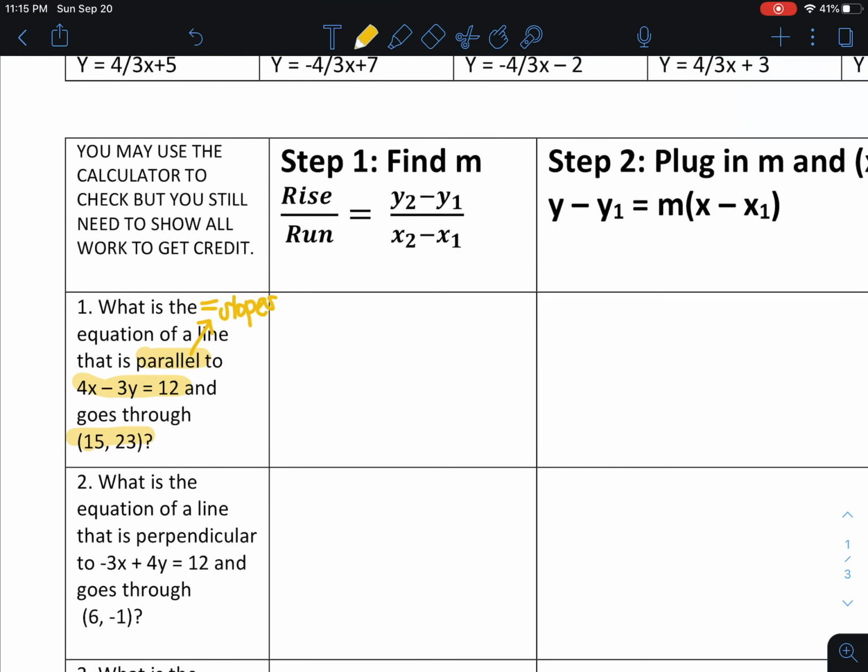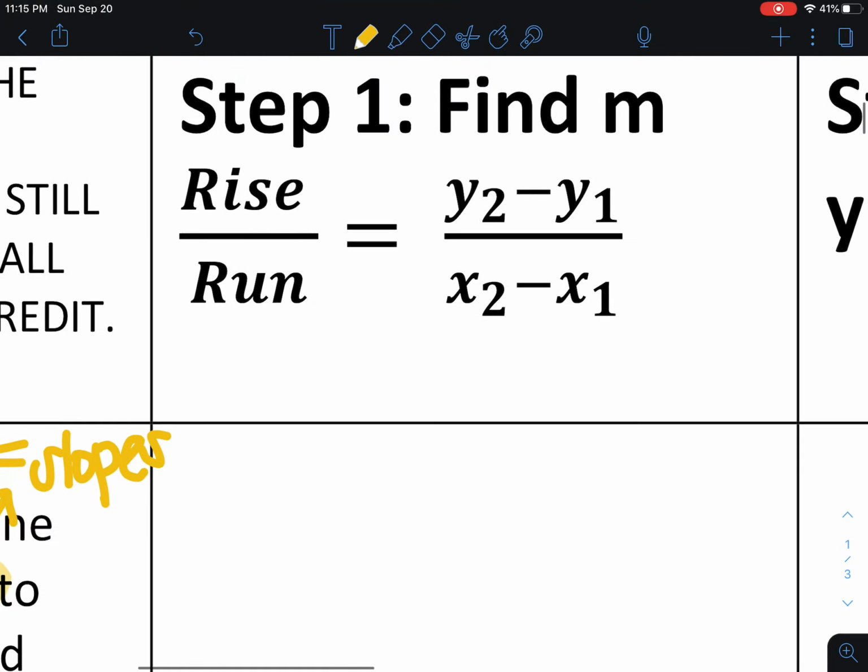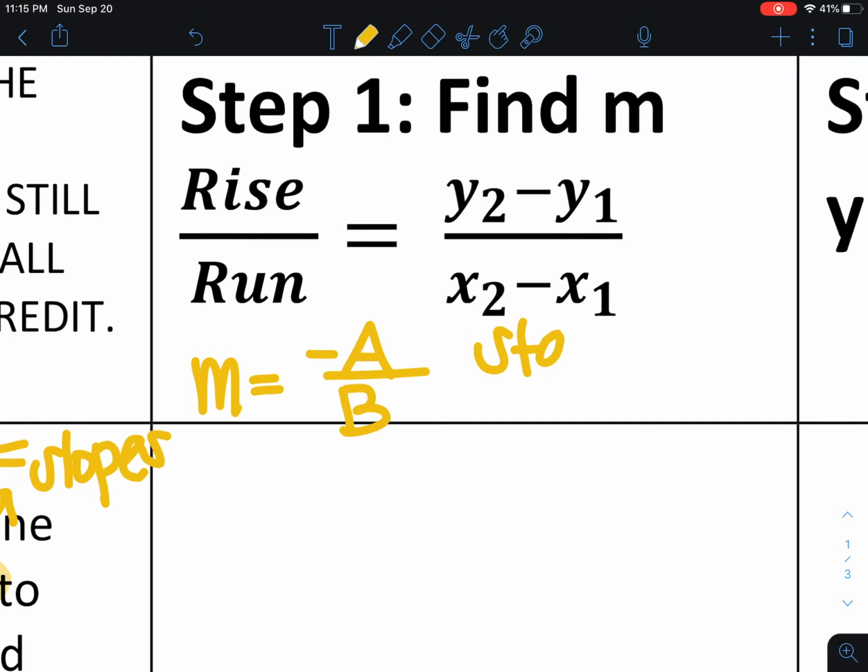Okay, let's look at step one. Step one says to find the slope. Great, we know how to do that. Okay, we can use rise over run. We can use y2 minus y1. We can also use, write this down, m equals negative a over b. You've seen that before. The only time we can use that, though, is for standard form.